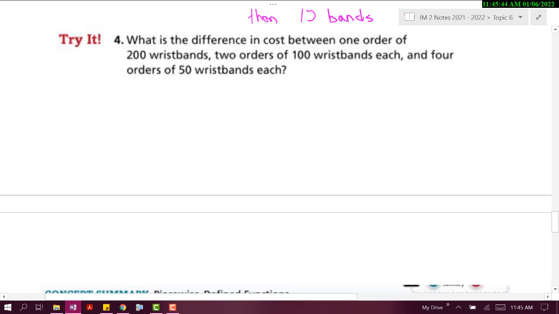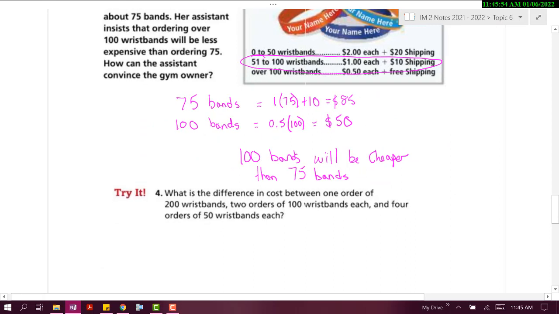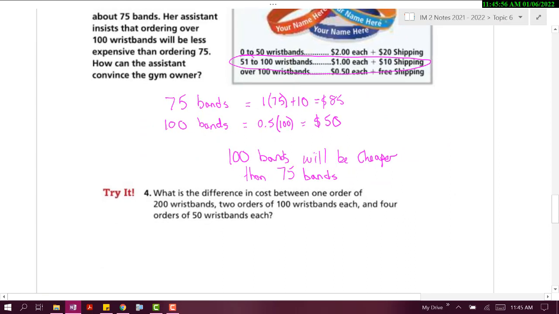All right, last one here. What is the difference in cost between one order of 200 wristbands, 2 orders of 100 wristbands, and 4 orders of 50 wristbands? All right, so we're not actually done with this. I'm going to zoom out so we can kind of organize this a little bit better. But from 0 to 50, basically they're $2 for each one, 2x plus 20.